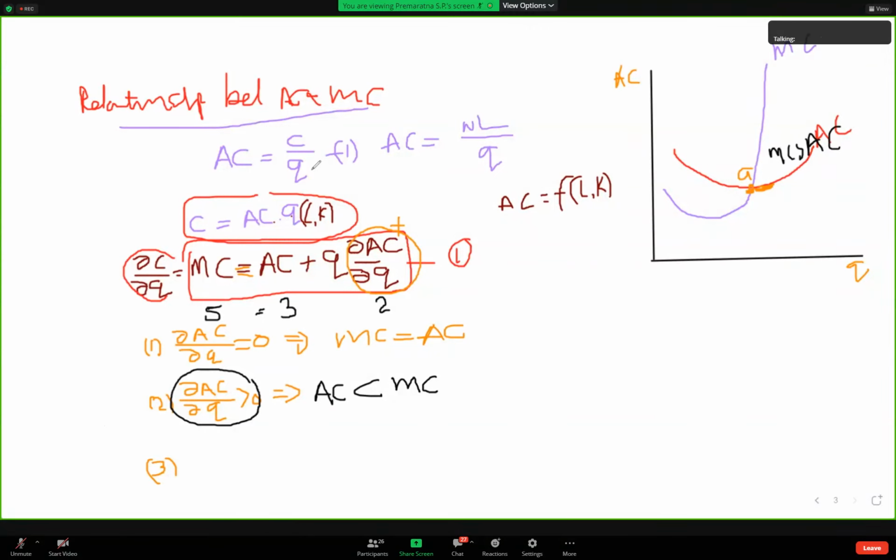Now, the third point applies to the area here before A, where the slope is negative. Negative slope of average cost. So if I put some value here, the slope is negative, some amount, let's say we have the quantity 5.